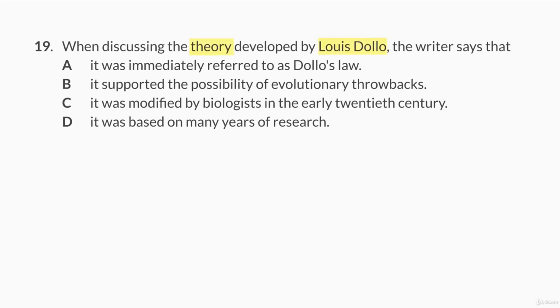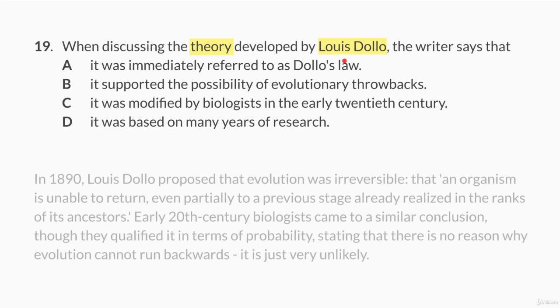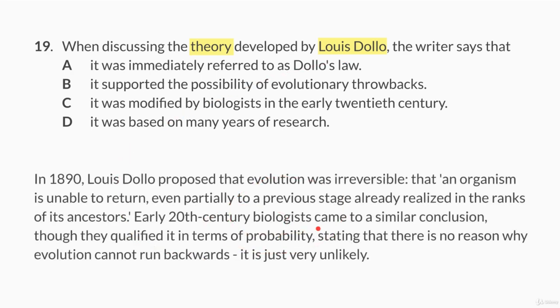At this point we look for the keywords that we marked before. Now we're going to go to our reading passage and start scanning it for this keyword. That's quite easy to find. We've already found it right here, at the start of this paragraph. There's our keyword, Louis Dollo.